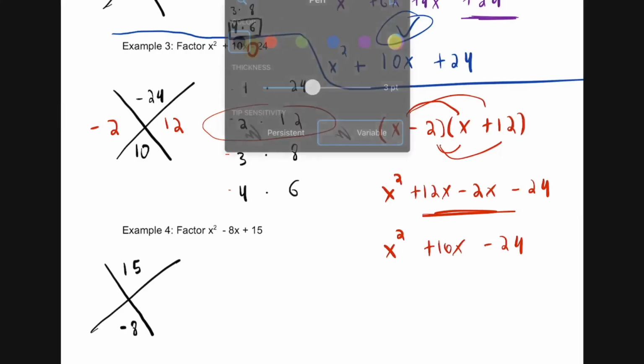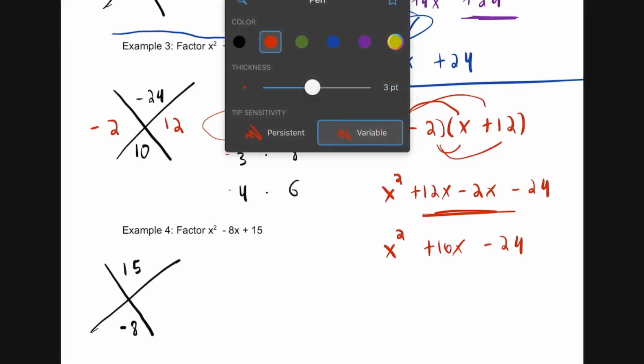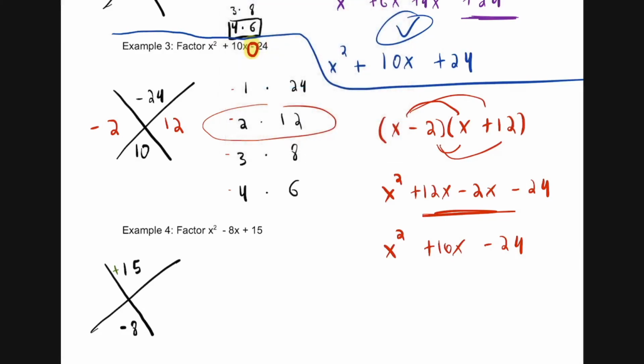If you need two numbers that multiply to make a positive, but add to make a negative, the only way that's going to happen is if they are both negative. So when I write my factors of 15, 1 times 15 and 3 times 5, it's important to realize these both have to be negative to get negative 8 in the middle.